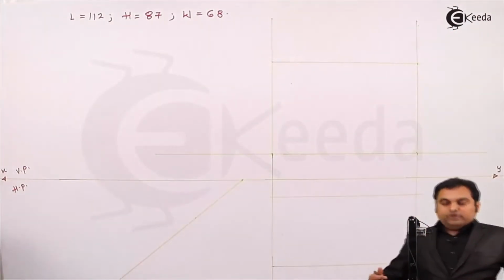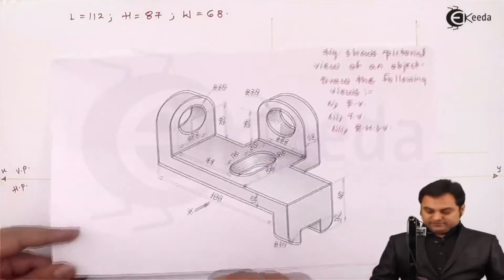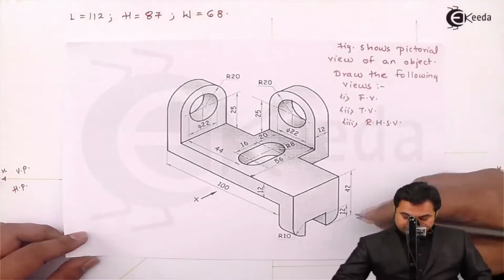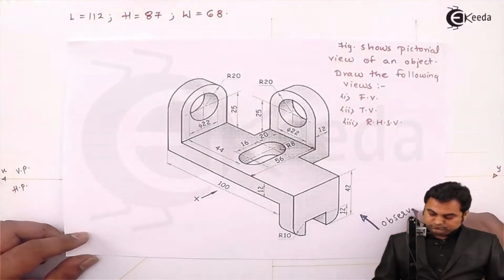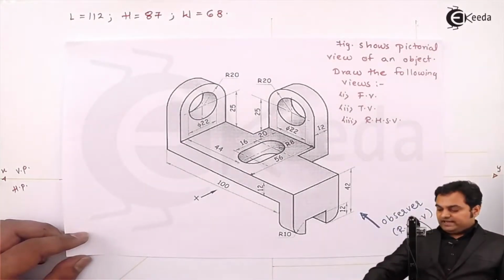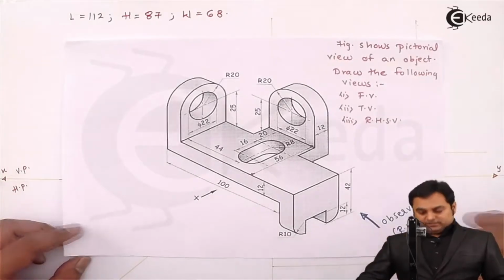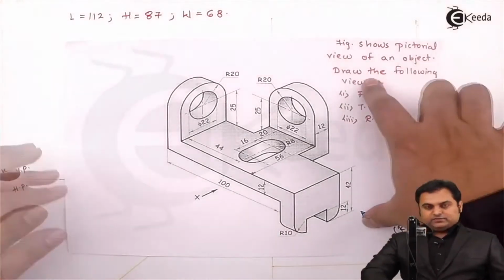Then when we are looking at any given object from the side, either right hand side or left hand side, as an observer on this side, the right hand side view will be drawn on the left hand side. From the side, the length of the object is not visible, but width and height are visible.